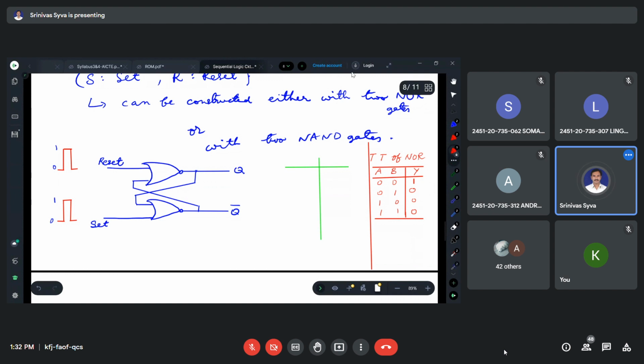This is S, R, Q, or Q bar. Okay, so these are the inputs. These are the outputs.